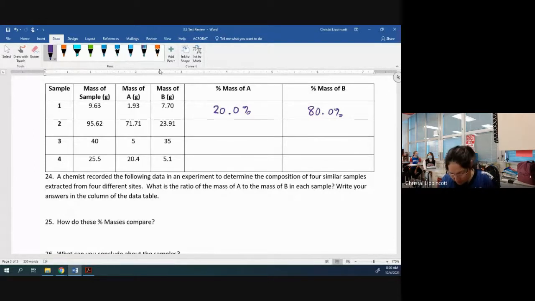All right, the next one, we've got 71.71 and we have 95.62, and this one ends up being 75%. So if this is 75%, that means that this is 25%.